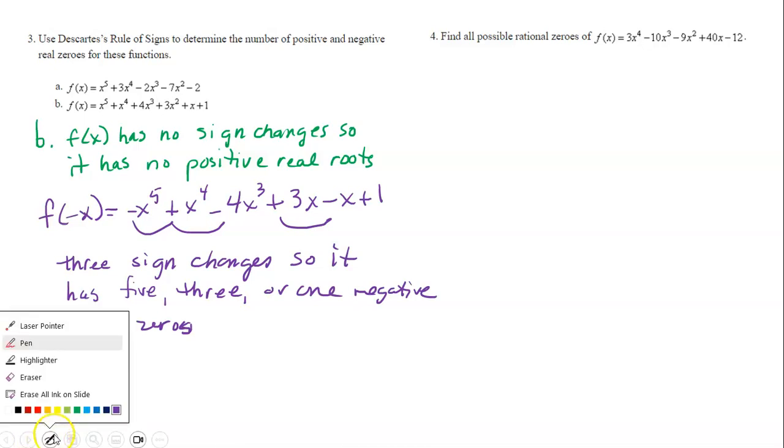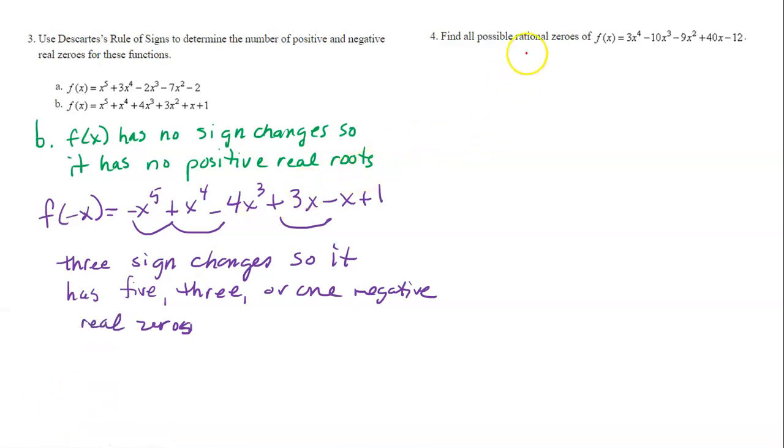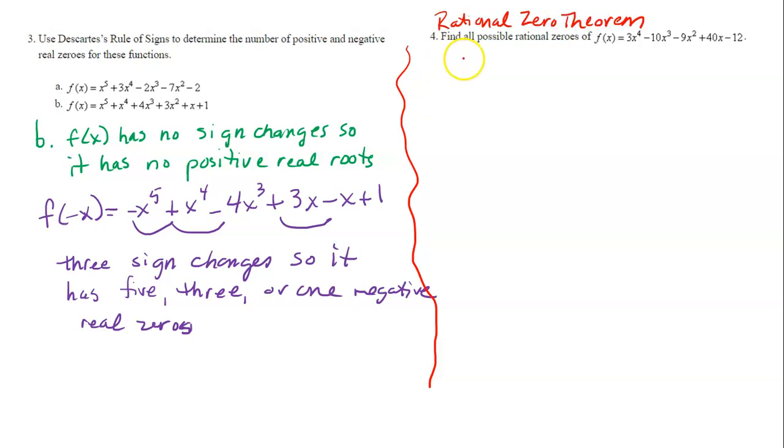Okay, let me change colors again. We'll do this one: find all the possible rational zeros. It's kind of crazy too. This is from the rational zero theorem. What they do is they say, if I put 0 in, you get 12.